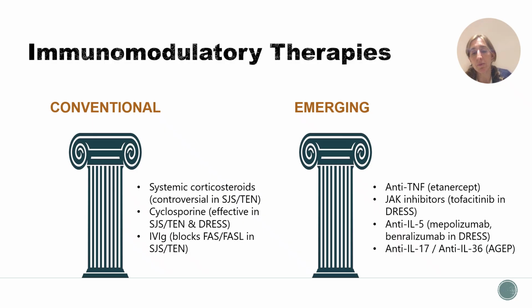But what's emerging? What's new? We have anti-TNFs, basically mostly etanercept that is being used, and interestingly we have the JAK inhibitors, tofacitinib in DRESS, and we have anti-IL5, mepolizumab, and anti-IL17 and anti-IL36 in AGEP.